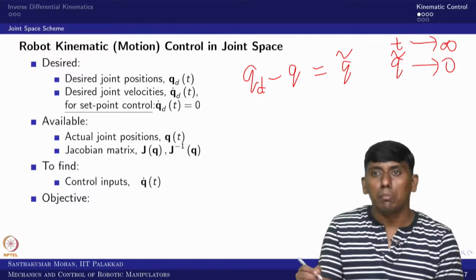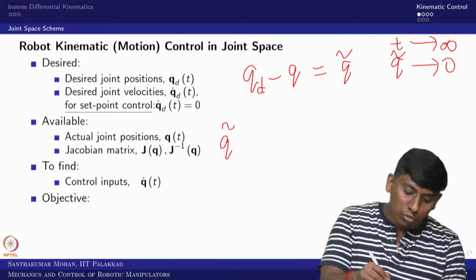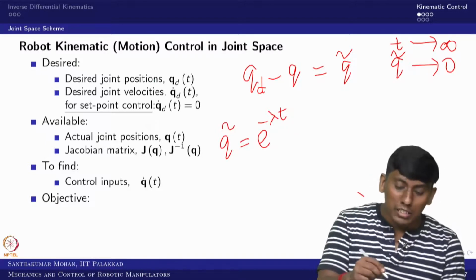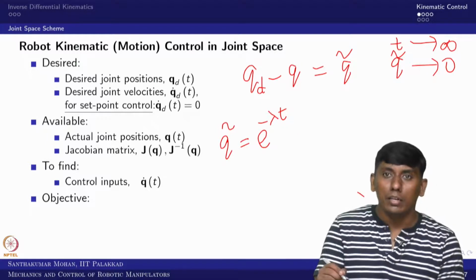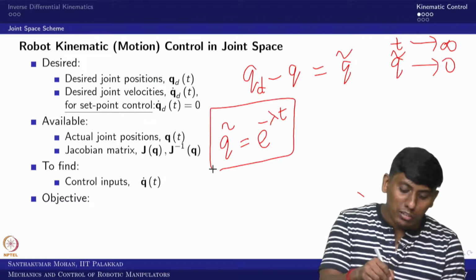So this is my objective. If I assume this is the objective, what can I choose? Q tilde I can choose as something like an exponential with some positive constant with the T. If I assume a scalar, I can take it as lambda, otherwise I have to take lambda as a matrix with diagonal values, but right now I assume this is the case.